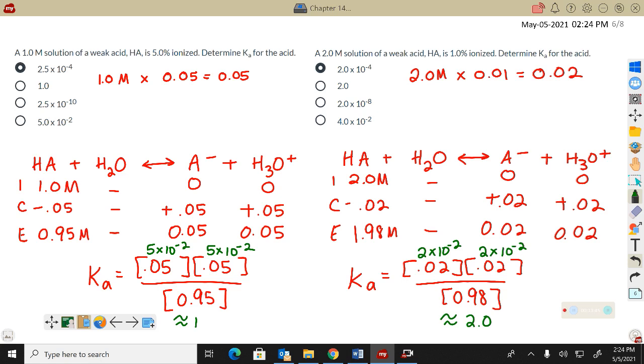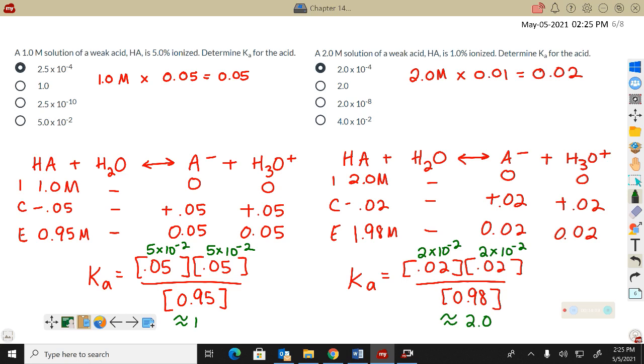So again, I could set up my ice table with the initial molarity of the acid. The two product ions are initially 0. And then I know my shift, 0.05 or 0.02 moles per liter. If I don't have a calculator, I have to try to make this calculation somewhat manageable. Both X values, 0.05 and 0.02, are relatively small, so without a calculator I just ignored them.